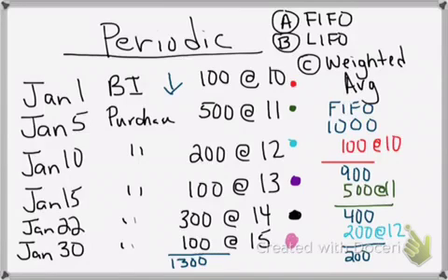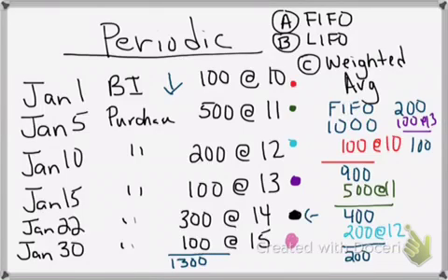And the next that we're going to have, so I'm going to come up here to look at it real quick. We'll have 200 that we need to sell, and so we're going to sell those 100 purples. So that's going to be 100 at 13, and that's going to leave us with 100 that we need to sell, and those are going to come from these units right here, those ones that are in the black.